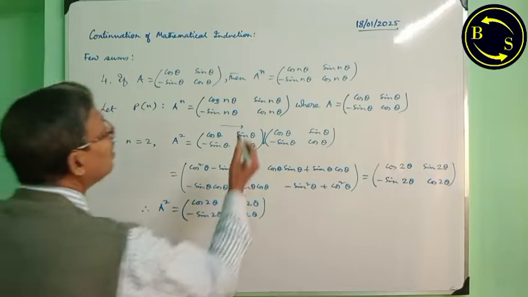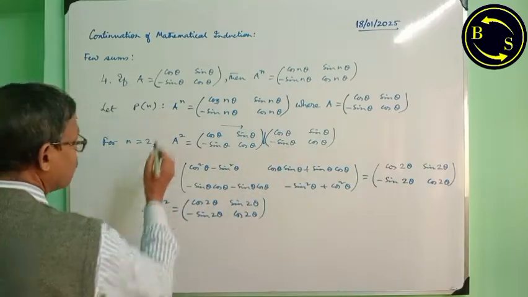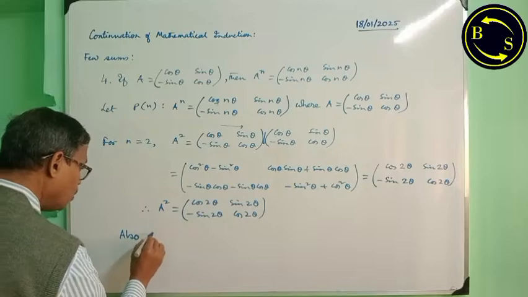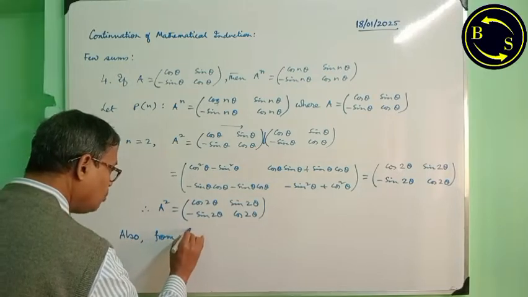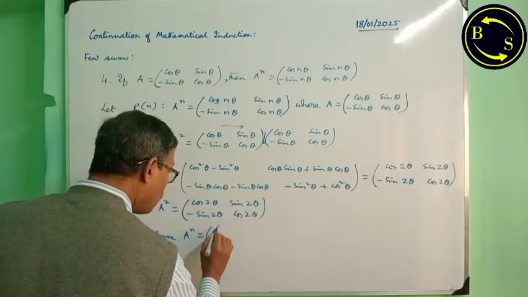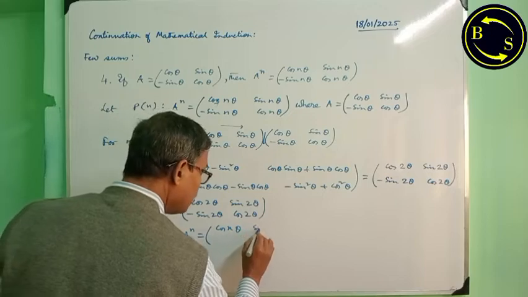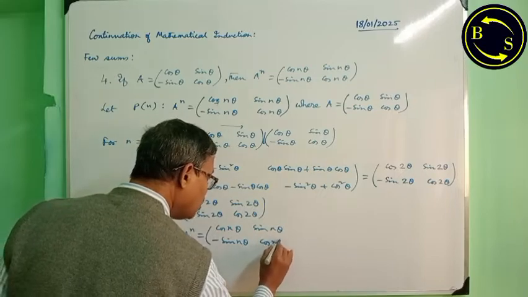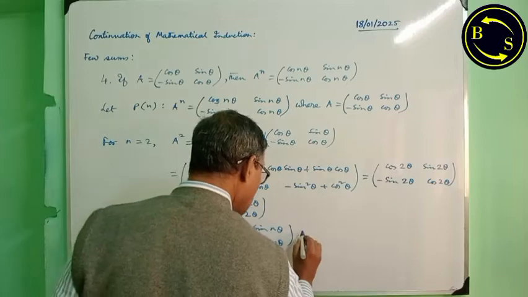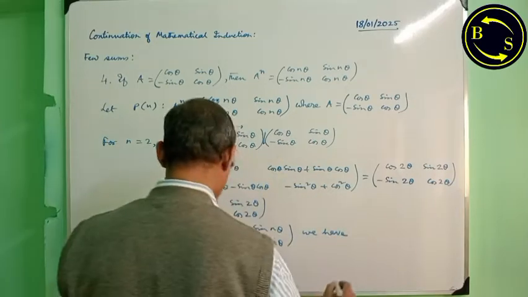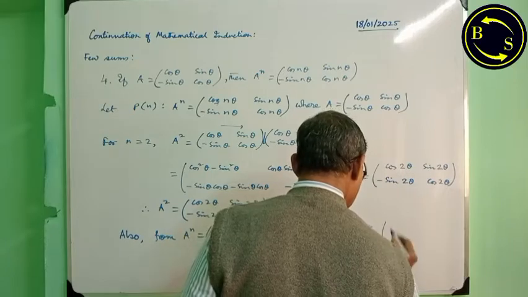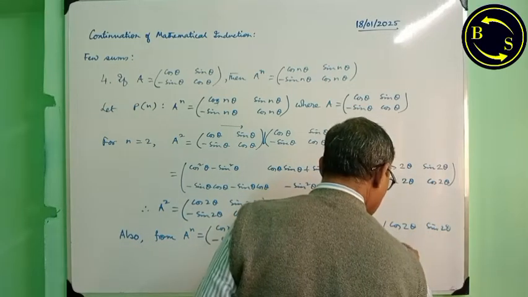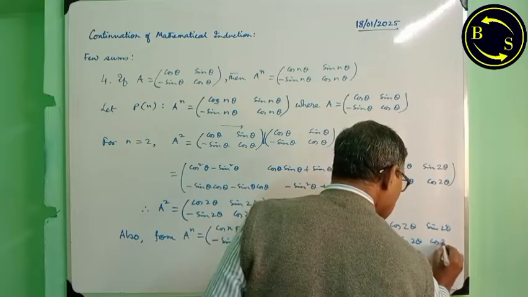And from here, also from A to the power n equals cos n theta, sin n theta, minus sin n theta, cos n theta, we have A squared equals cos 2 theta, sin 2 theta, minus sin 2 theta, cos 2 theta.